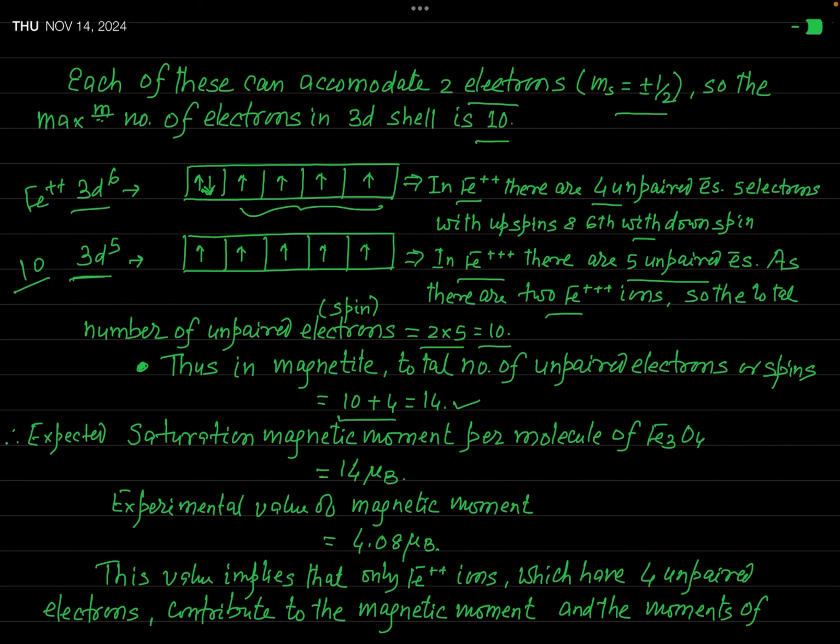Now, if you assume that each spin contributes 1 unit of magnetic moment in units of Bohr magneton, then what will be the expected value of magnetic moment?